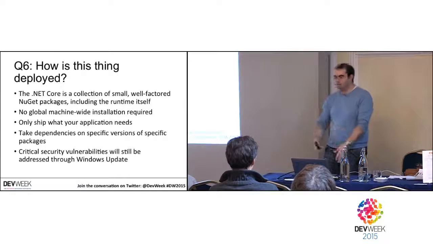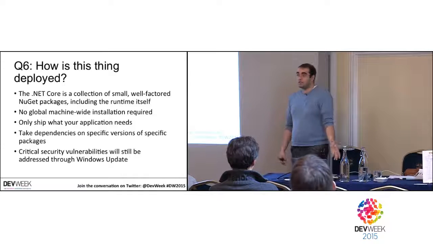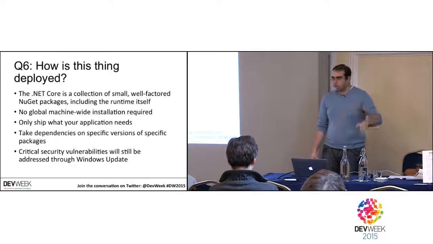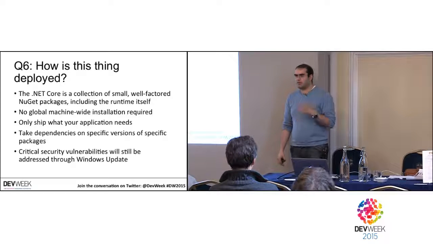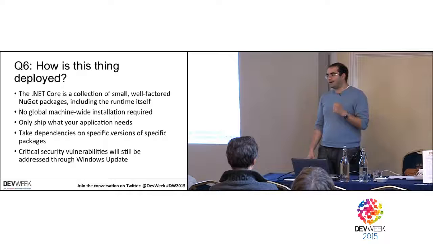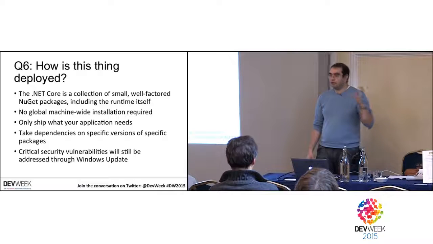So you install Windows, and you have some .NET framework in the box. It started with Vista. Vista shipped with .NET Framework 3.0, and they kept shipping .NET as part of Windows. .NET 3.5 shipped with Windows 7, as far as I recall, and so on and so forth. Then you update through Windows Update, or you download as a user a .NET Framework installation package and install it, unlikely.